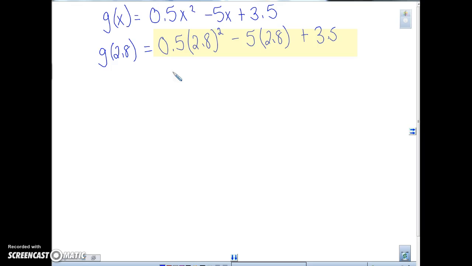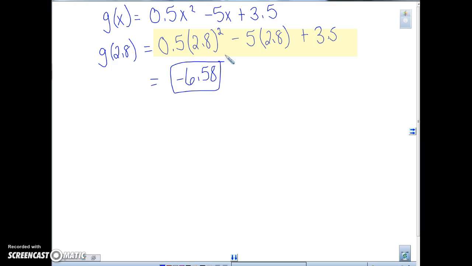You would type it in exactly how it looks there. I'm going to do that now. And I get an answer of negative 6.58.